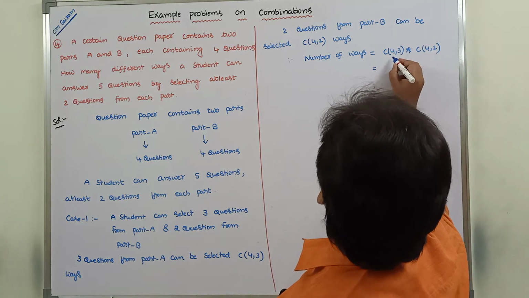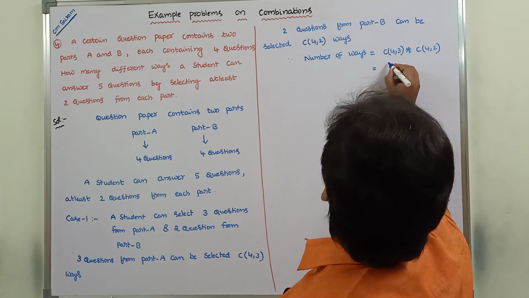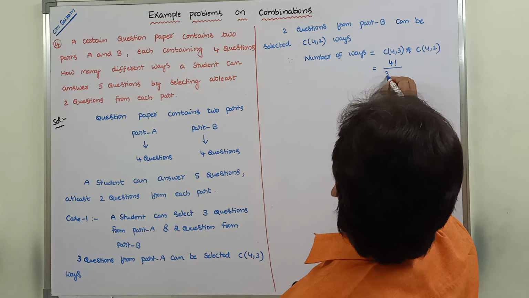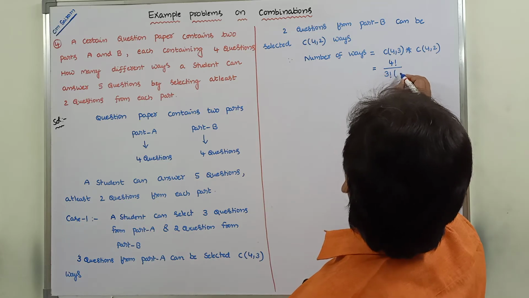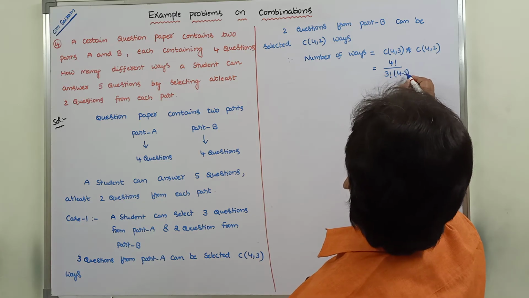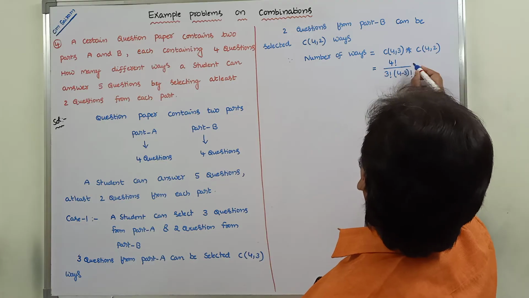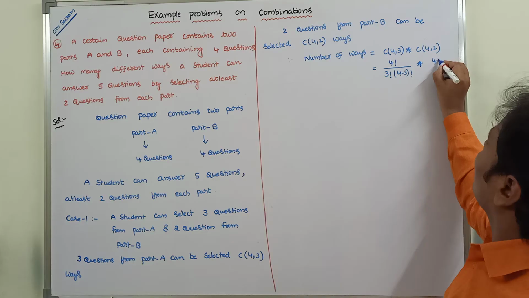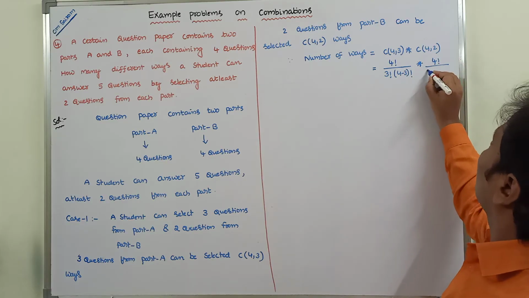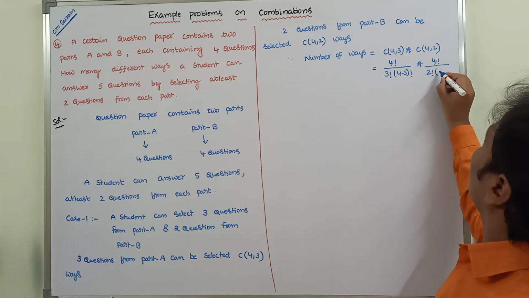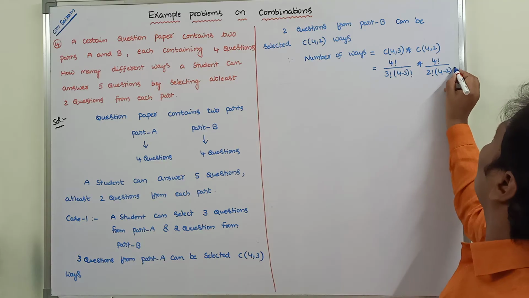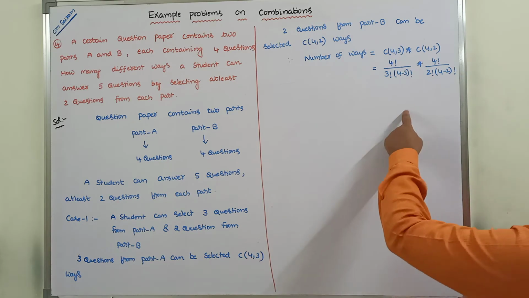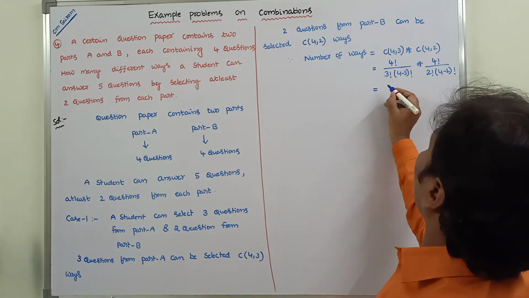Here C of 4, 3 means 4 factorial by 3 factorial into (4 minus 3) factorial, into 4 factorial divided by 2 factorial into (4 minus 2) factorial. nCr is n factorial by r factorial into (n minus r) factorial.